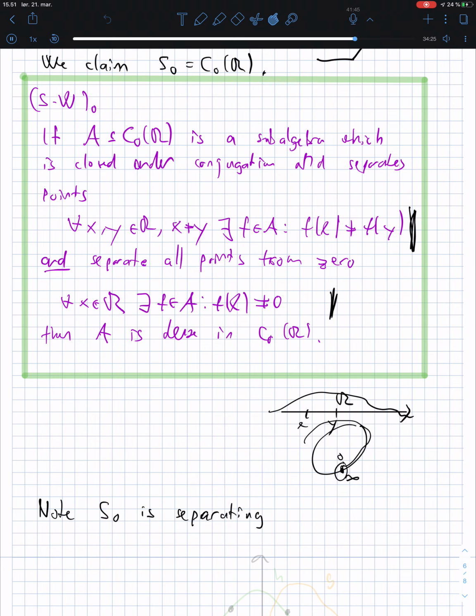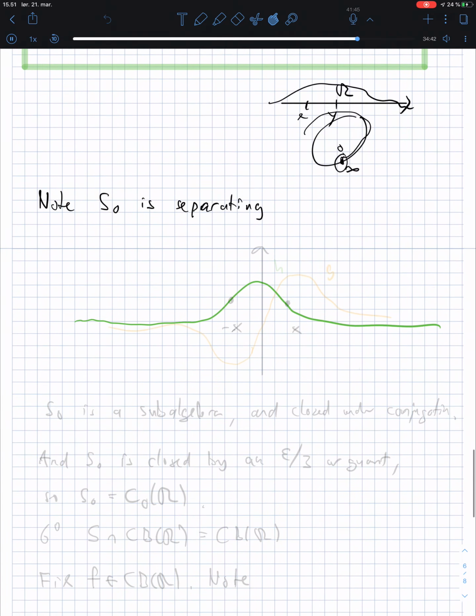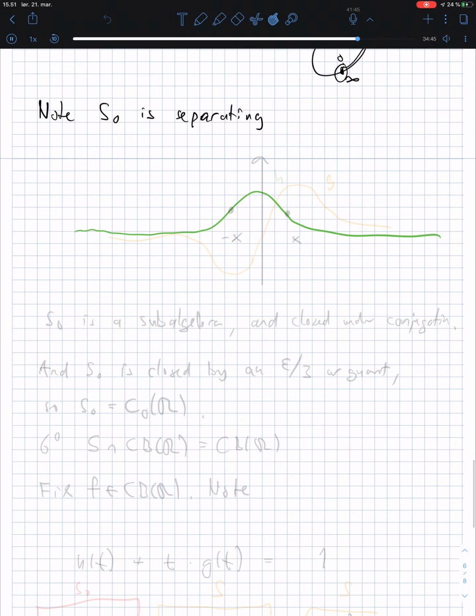So one is orange and green. Okay, so the one function that we've proved was in S, and it's clearly vanishing at infinity, is the one that we called H, looks like this.